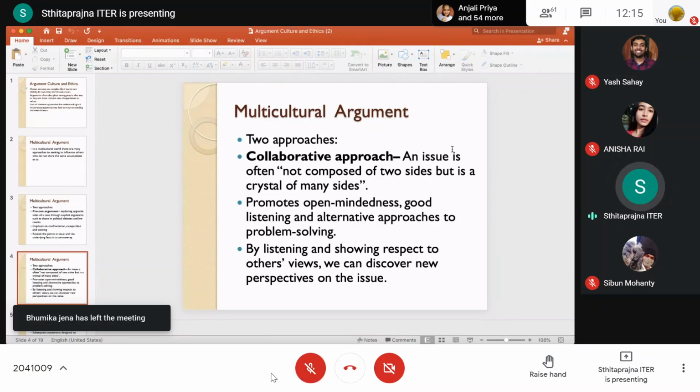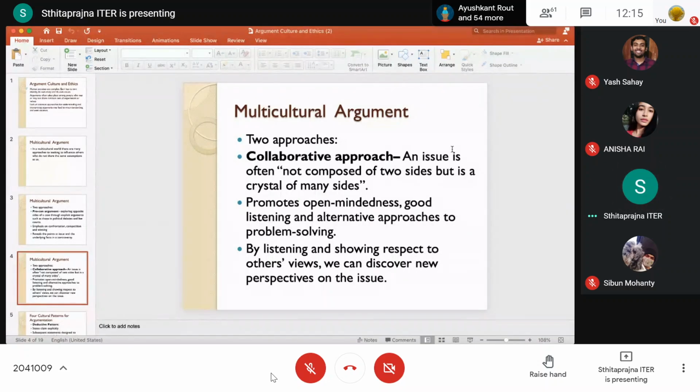Whereas in the pro and con approach, the objective is winning the argument. So confrontation and competition are the means through which you win an argument. So when winning is on your mind, you go in for a pro-con approach. But when you try to resolve a problem, you go in for collaborative approach.